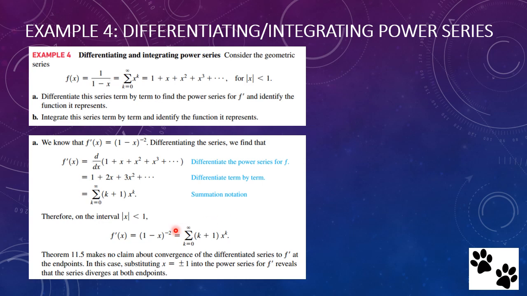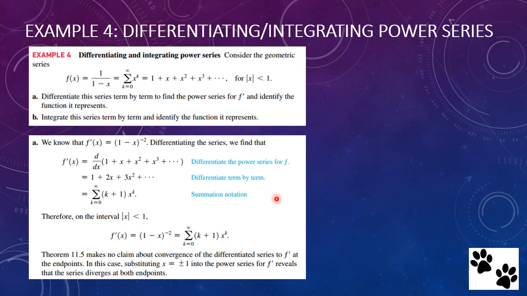Therefore, in the interval |x| < 1, f prime of x equals 1 minus x to the negative 2 power, which is the function the derivative represents, equals the summation of k plus 1 times x to the k. So here we have the series and the functional values that they're both asking for in these problems.